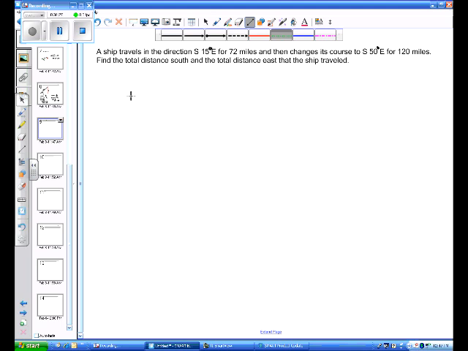Well, start out by drawing. Let's do our north-south line as kind of a reference point. Okay, it's going to go south 15 degrees toward the east. So going off in this direction for 72 miles.